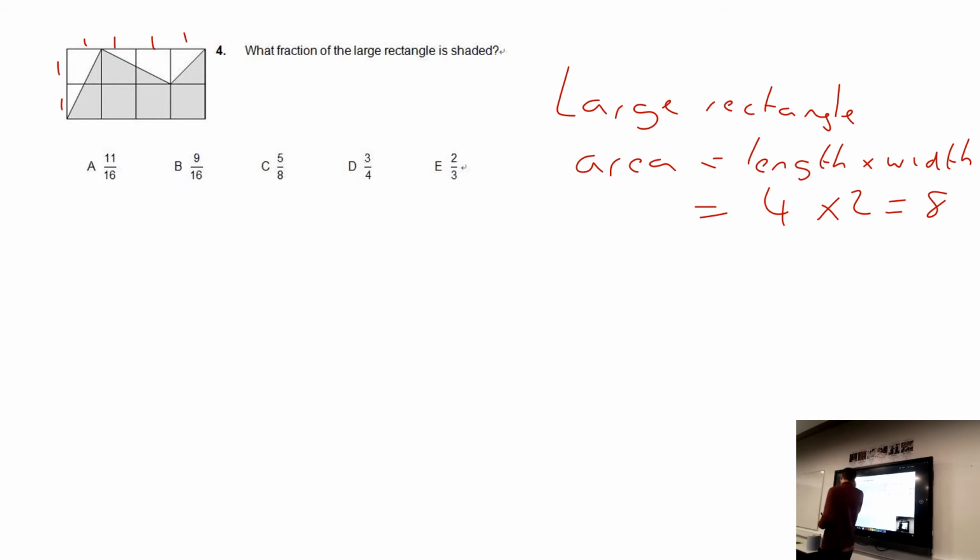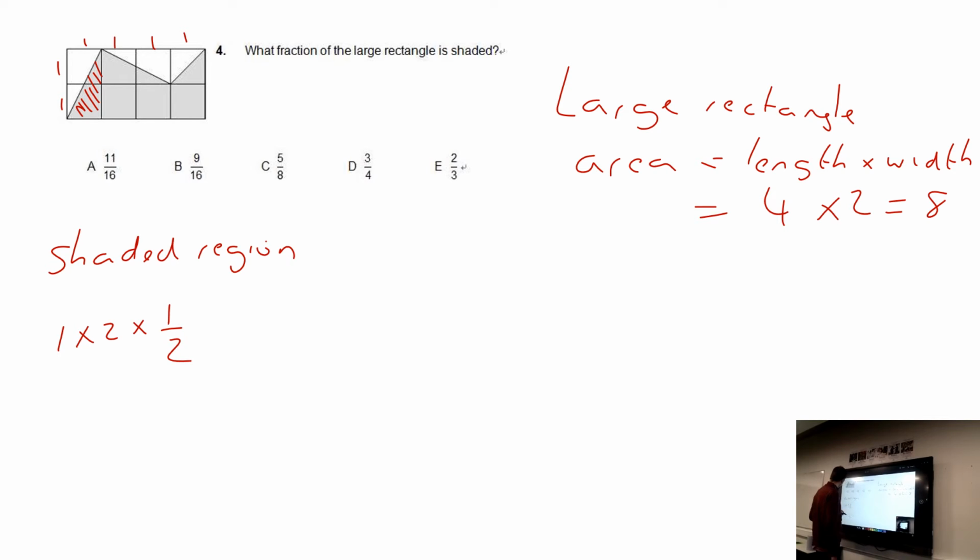Now let's try to find the area of the shaded region. The first shaded region we have is a triangle here. So it's going to be base times height times a half. So that's going to be 1 times 2 times a half, which equals 1.